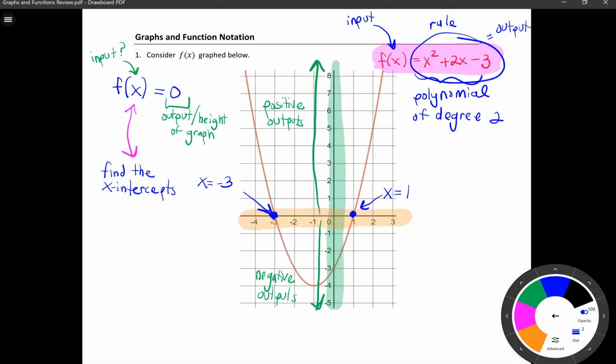So we're just finding our x-intercepts. I can see if I put -3 into my function, the output is 0. And again, if I put a 1 into my function, the height of the graph is 0.